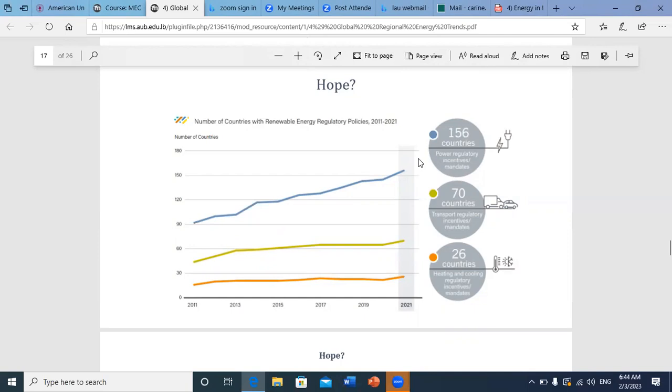So we can see until now that in nearly 156 countries, we have power regulations and incentives to use renewable energy. And as we discussed before, in some countries, they force people to use renewable energy because they know that at the end, even if now it is causing a higher cost of electricity, in the future we will benefit a lot from using it, because we'll get rid of the bad environmental effects of fossil fuels, plus the risk of depletion of fossil fuel resources.